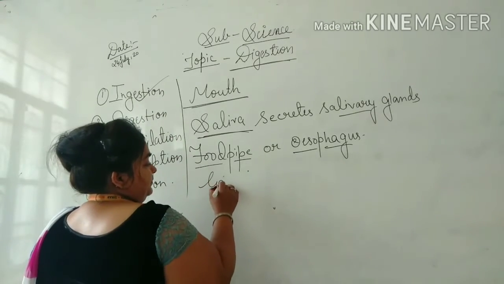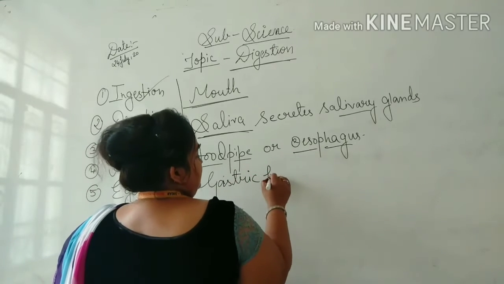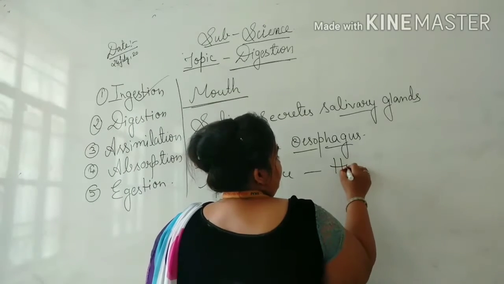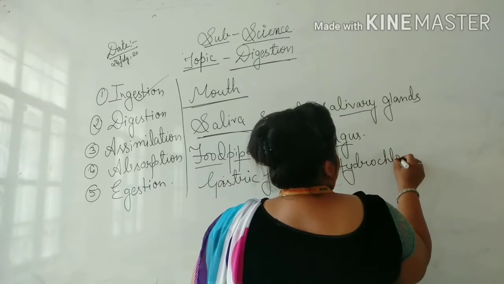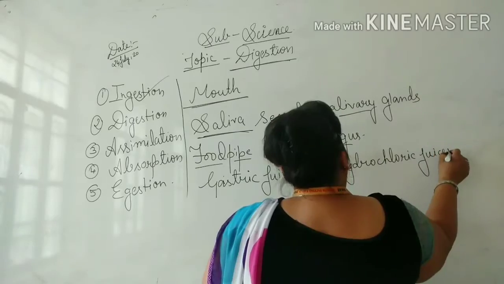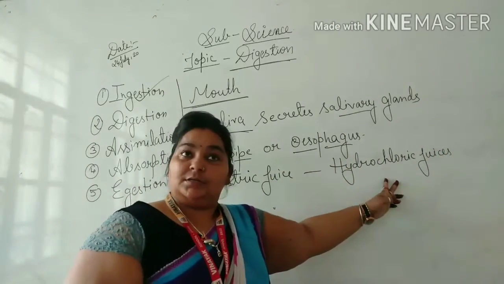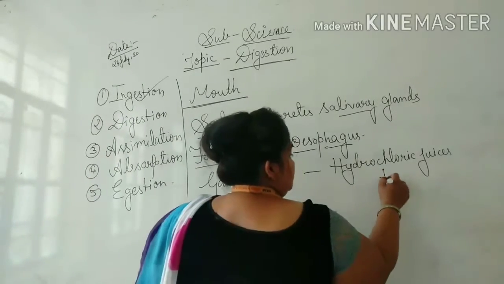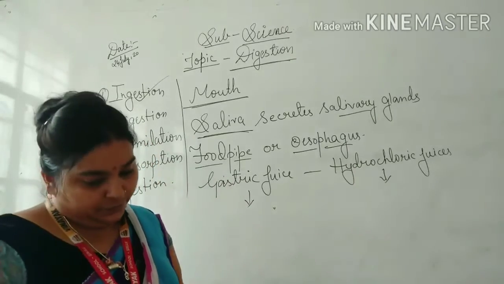First one is gastric juice, and second one is hydrochloric juice. These are the two types of juices released by the stomach. What are the functions of these two juices? How do they help in the digestion of food?